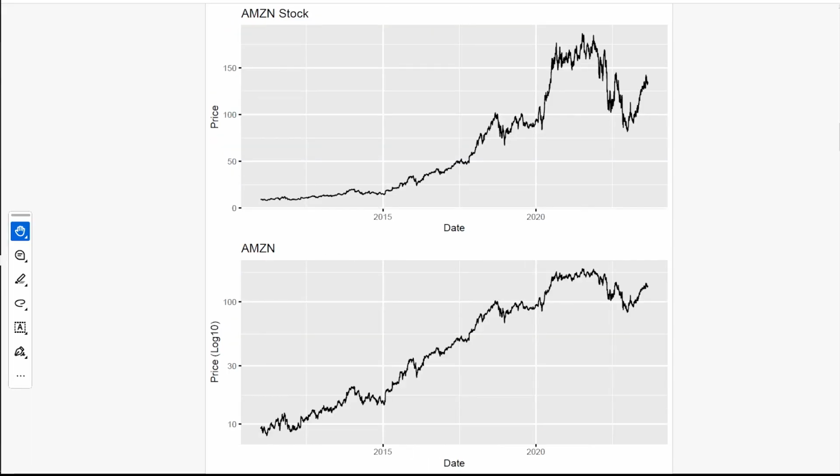Okay, let's take a look at Amazon stock. So we're just going to look at the same plots here. You'll notice that the absolute price has a rather notable exponential growth in it. When we take the log scale, we have this plot.